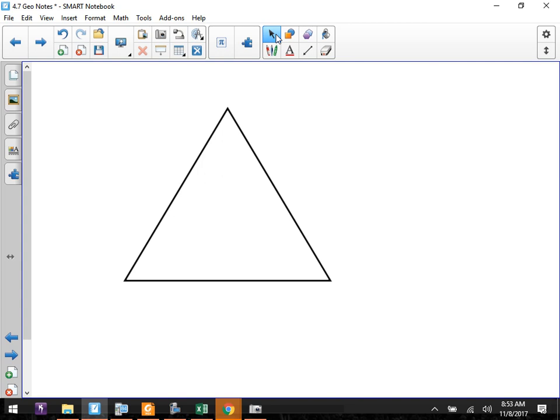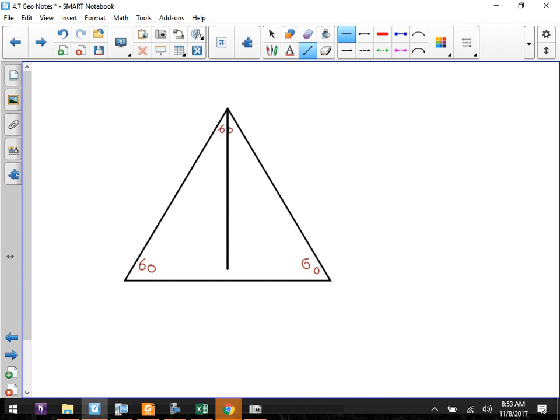If we know that all of these are 60, and I bisect that angle up top there, what do I get? I get two 30-degree angles. Well, what happens when you bisect that angle up top, it winds up being what's called the perpendicular bisector of the side. So you get a 60-degree here, 90-degree here, and a 30-degree there.